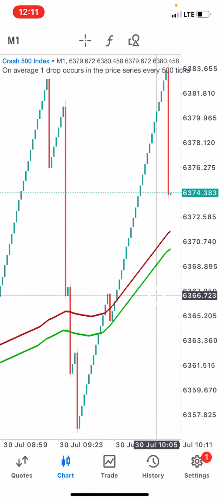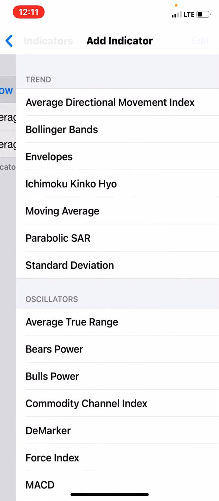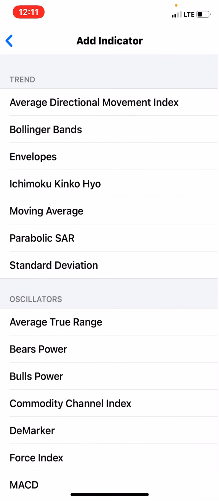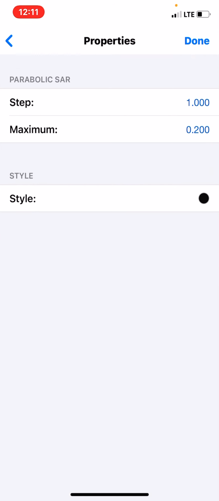The next indicator that we want to install is called the parabolic SAR, which is this one, and it is going to have the following settings that you see on my screen: a step of 1, which is written as 1.000, and then a maximum of 0.2, which is written right there as 0.200, right?